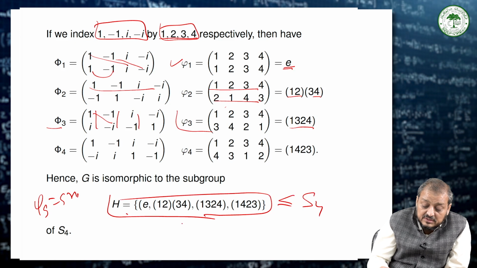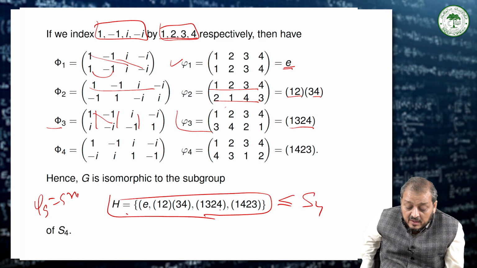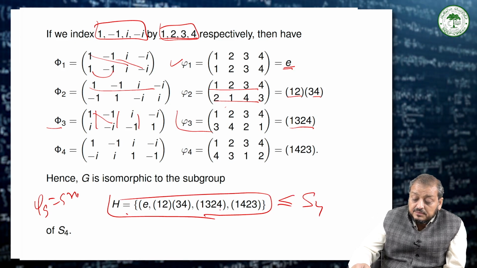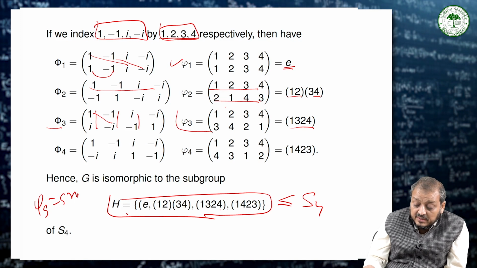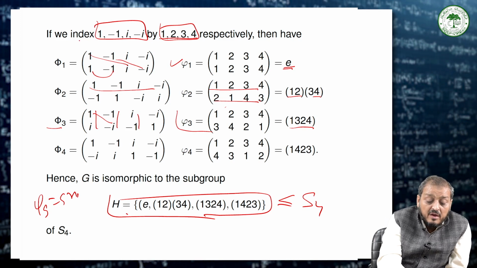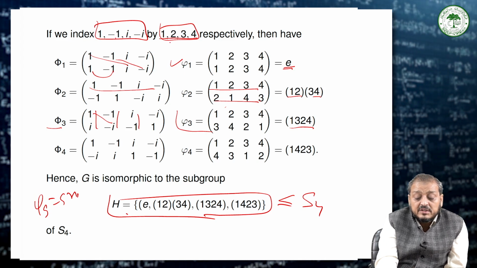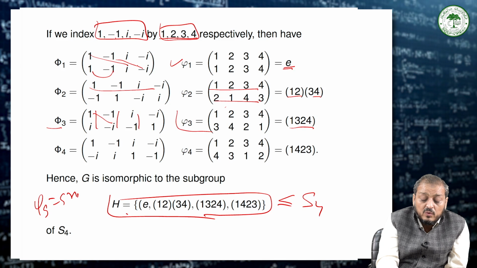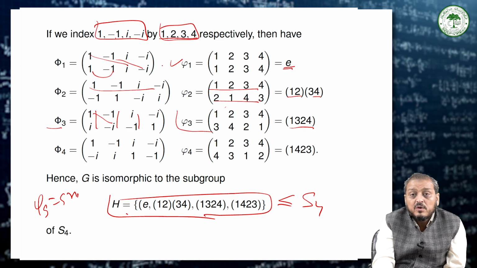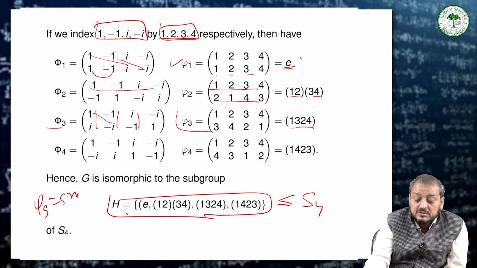So you can verify that clearly this is a subgroup of S4 by this element of one form. So when the index is 1, -1, i, -i, we just replace them by 1, 2, 3, 4, and then we take phi of 1, phi of 2, and so on. We define 1 2 3 4, this is the identity.